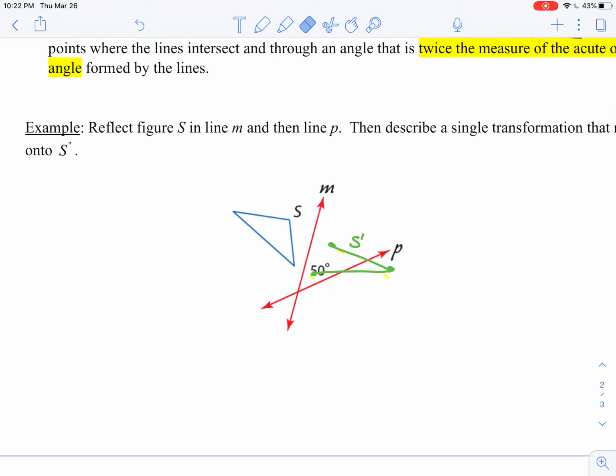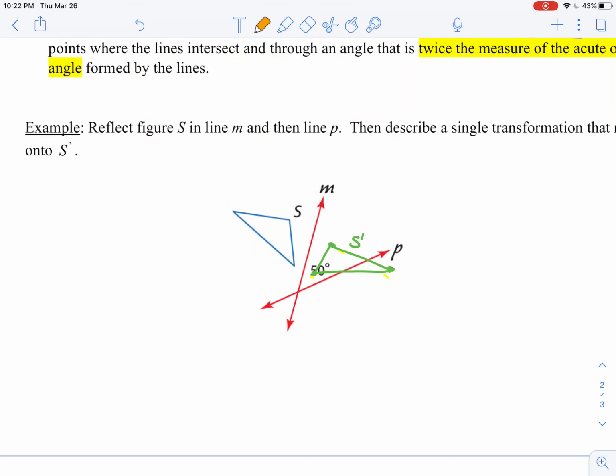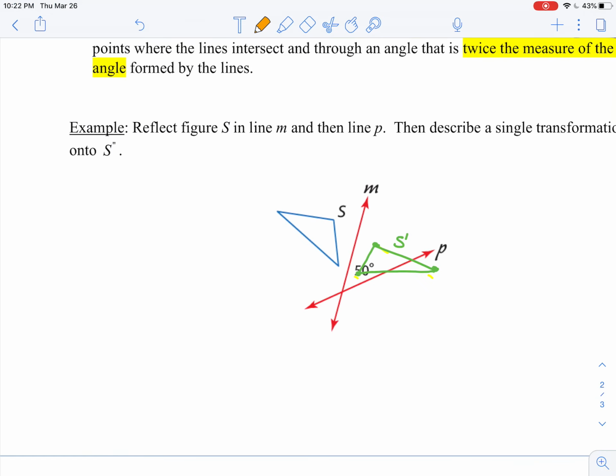Okay, now we're going to take triangle S prime and we're going to reflect it over line P. So once again, we're going to draw our lines perpendicular to line P through each of the vertices of triangle S prime.